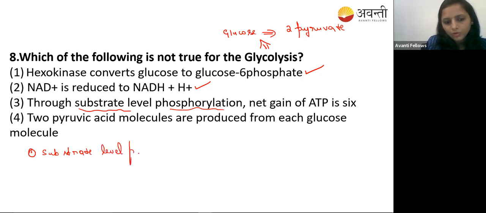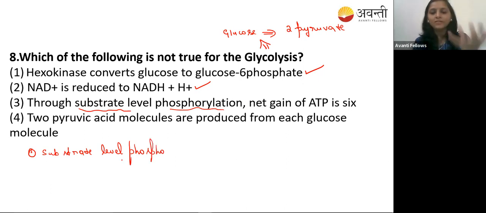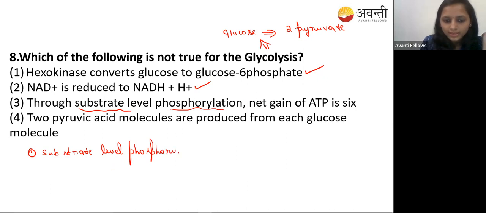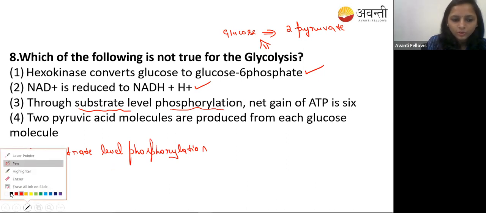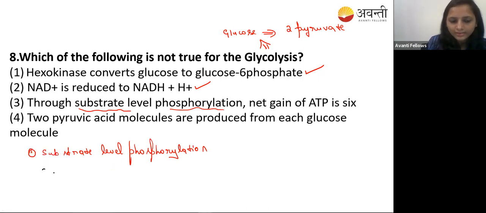The phosphate which is present in the substrate is utilized for the synthesis of ATP. In glycolysis, 2 substrate level phosphorylations happen, one at the seventh step and another at the 10th step.